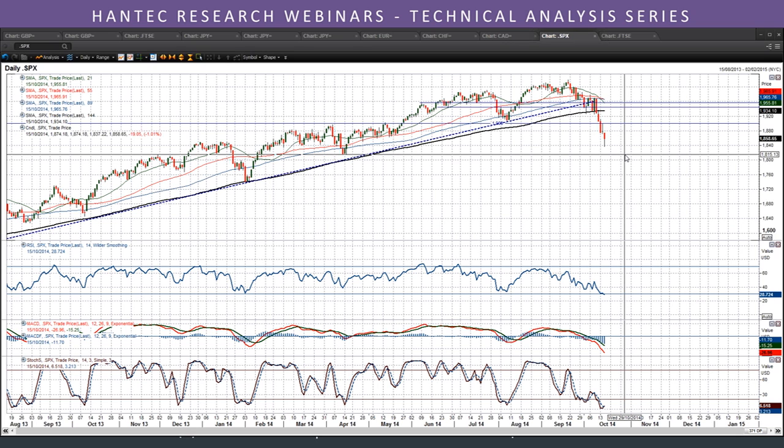There you go, 1810. That's an old resistance at 1815, which becomes new support.